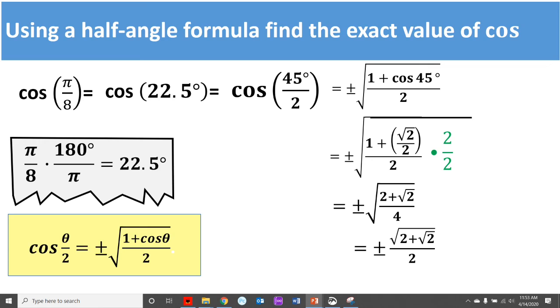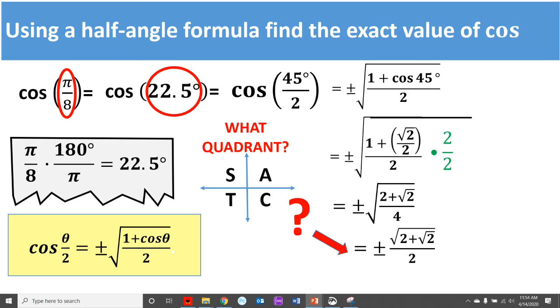The half-angle formulas say plus or minus, but our answer is not positive and negative. We need to decide if the answer is positive or negative. So we'll use the acronym All Students Take Calculus to decide. We are finding the cosine of 22.5 degrees, and 22.5 degrees is in quadrant 1.